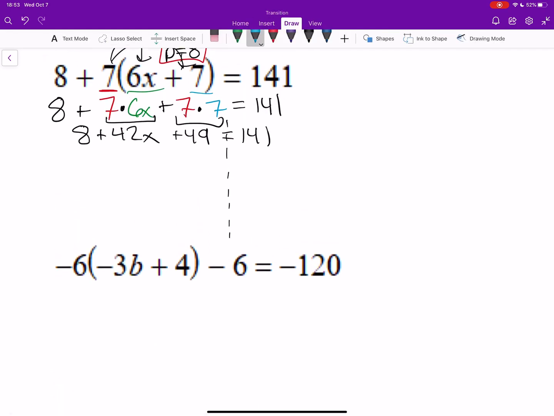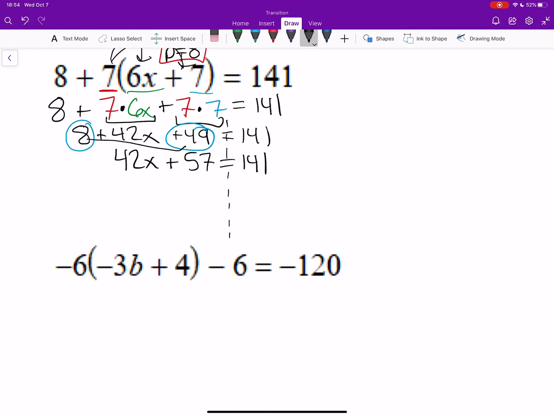So I can see that 8 can get combined with 49 because they're both numbers, right? I either have to have the same variable and power or no variable because they're constants. So I'm first just going to bring my 42x down, and I can combine 8 and 49 to get 57 equals 141.